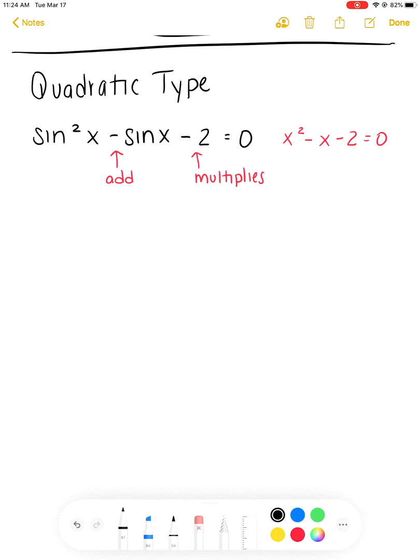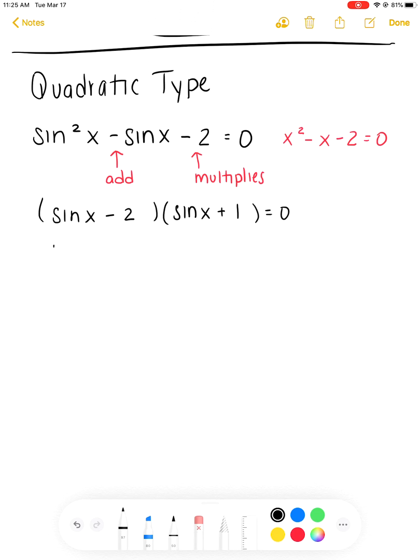Once I get those factors, then I'm going to break up my sine squared and say, okay, factors of negative 2 that add to negative 1 are going to be negative 2 and positive 1. So I still factor it exactly the same way I would have factored it if the sines weren't there. I just make sure that whenever I'm writing an x, I have my sine function with my x.